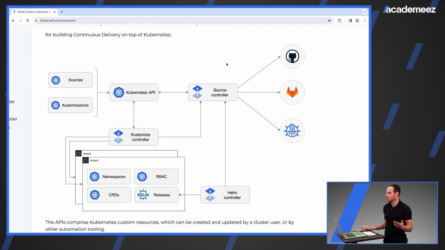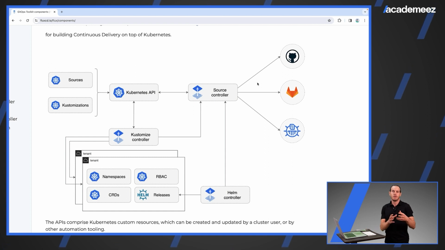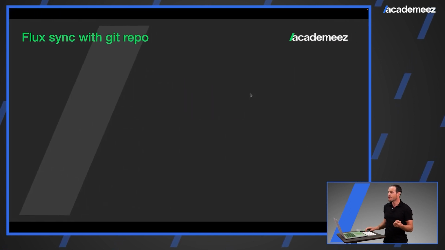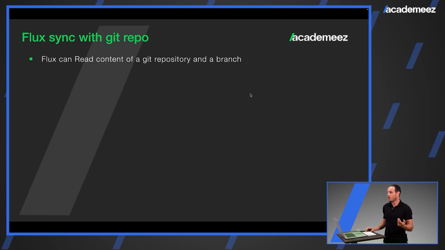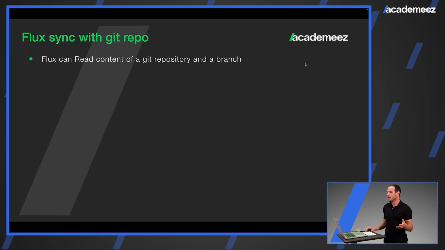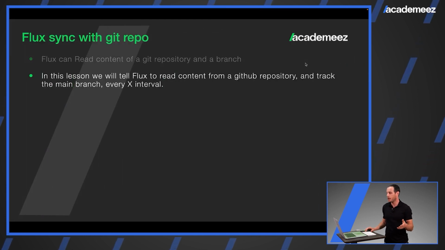So this is the section of the source controller, and the three icons here refer to the sources from where Flux can grab content and pass that content along to other controllers that Flux has. So Flux will have to read content from a Git repository. It's not only a Git repository, we'll also set the source controller to read content from a Git repository and a branch. So Flux will read content of a branch in a Git repository.